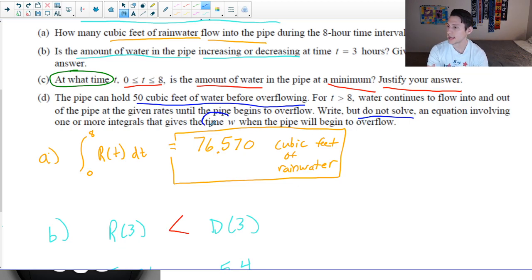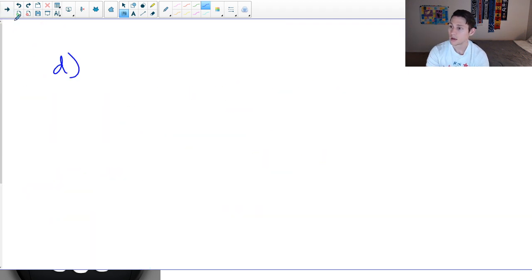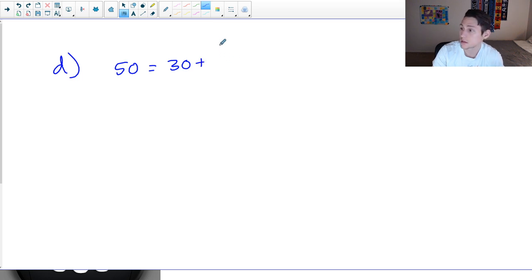Now this specifically asks for time w, so we'll use w. So set it equal to 50, 30 plus the integral of 0 to, I'm not going to put t because again I want to know what is the w that it'll hit 50.